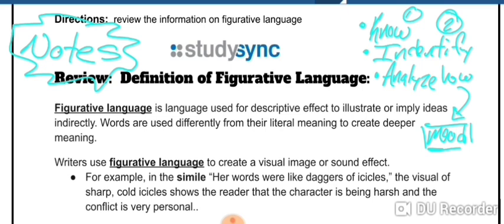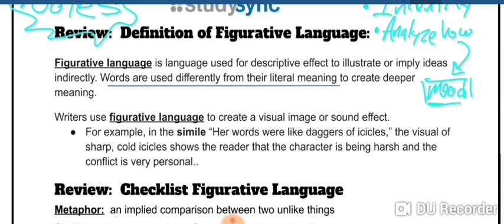One of the differences between figurative language and just normal language is the words are used differently to form a meaning that's different than the literal meaning. Okay? And what we see here is an example of simile. Her words were like daggers of icicles.